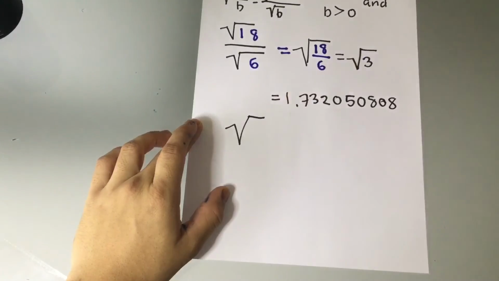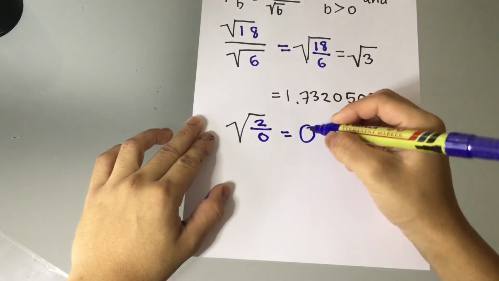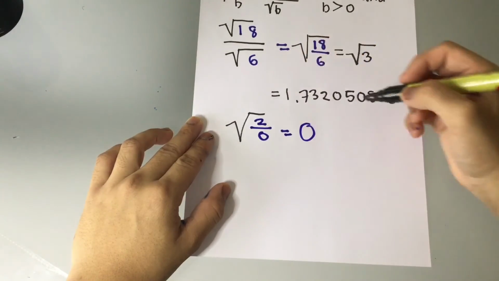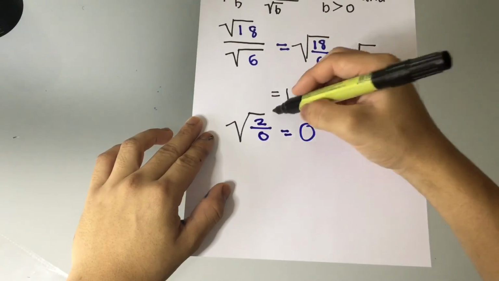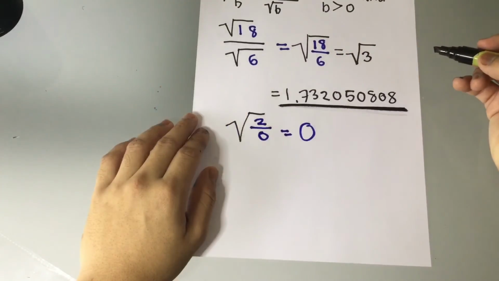Now, moving on with another example. If you try to do this with 2 over 0, you might think that's what you get if you do it manually. However, the calculator will tell you differently.